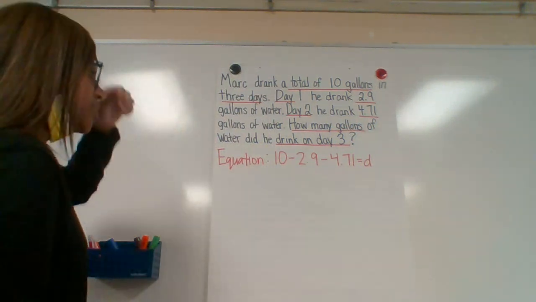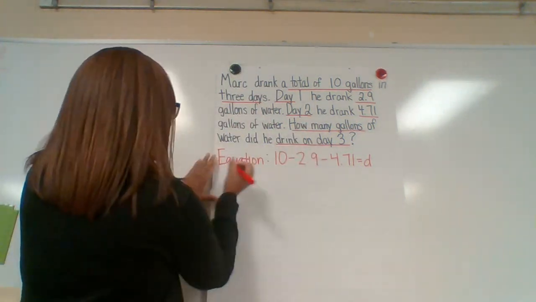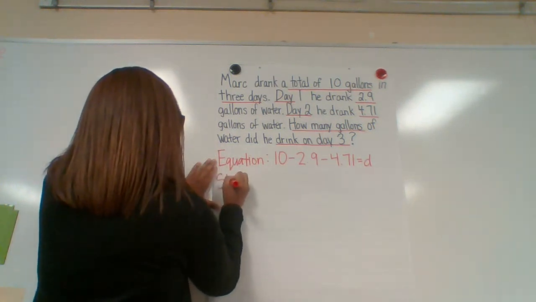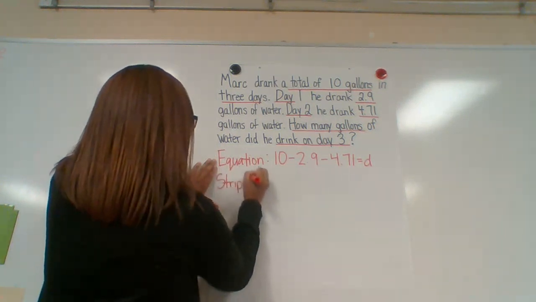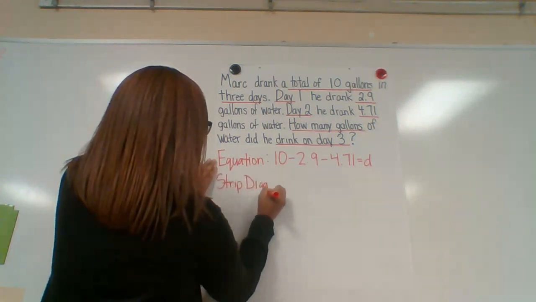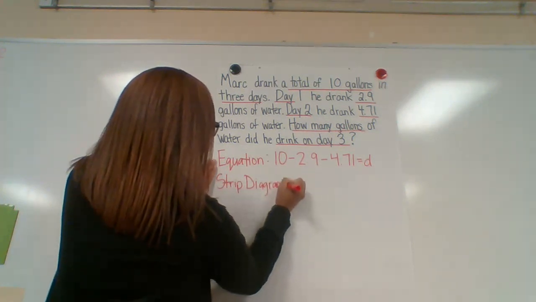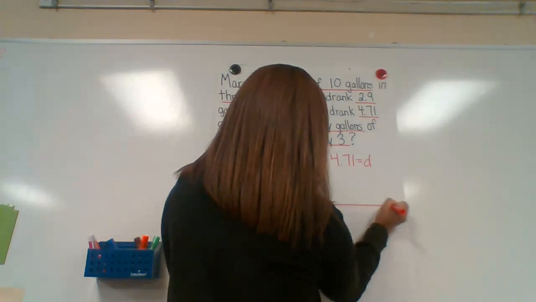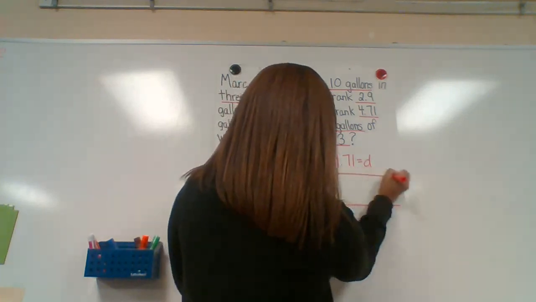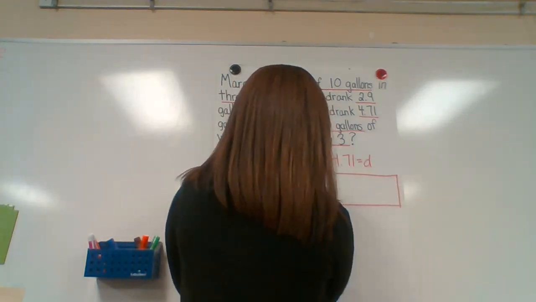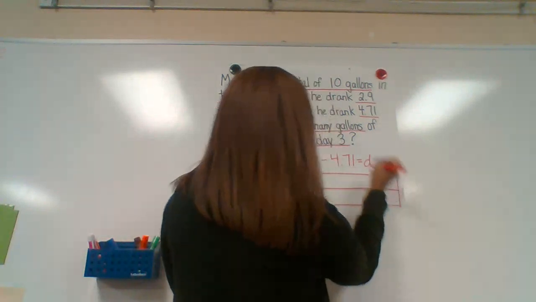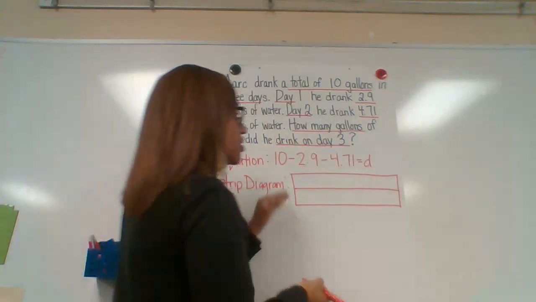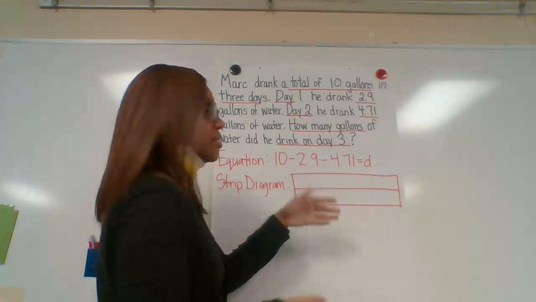So to represent this equation and this problem using a strip diagram, I'm going to start by making my rectangle. So I know I have a total of 10 gallons. My total can go on the top or the bottom, doesn't really matter.